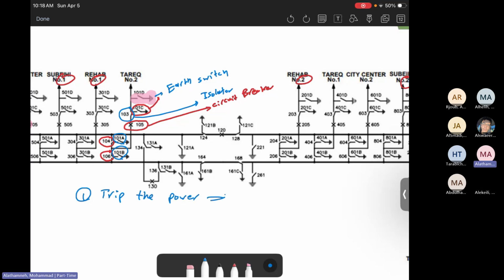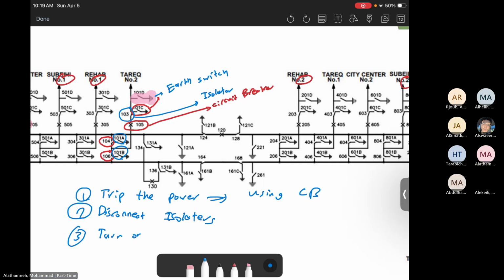How do we trip the power? Using the circuit breaker. The second thing is to disconnect the isolators. The third thing is to turn on the earth switches.